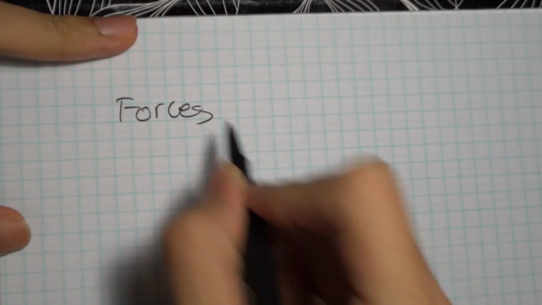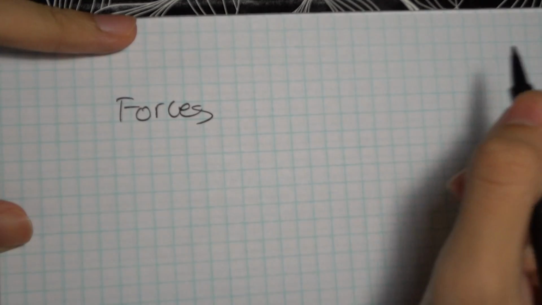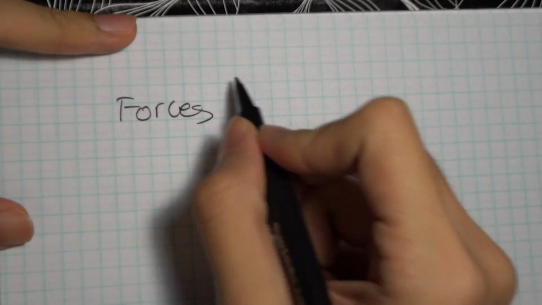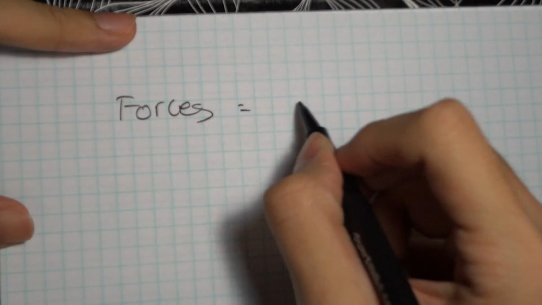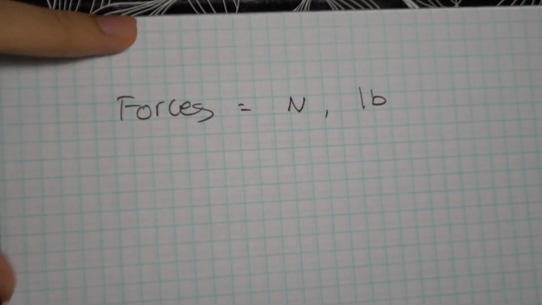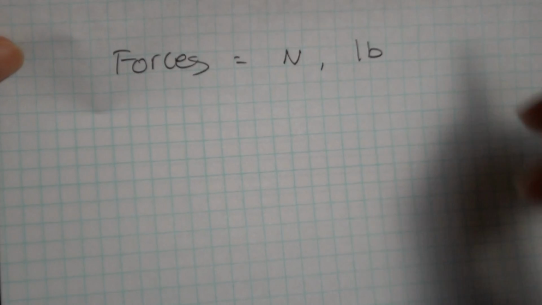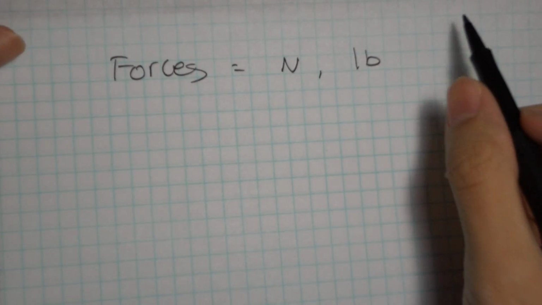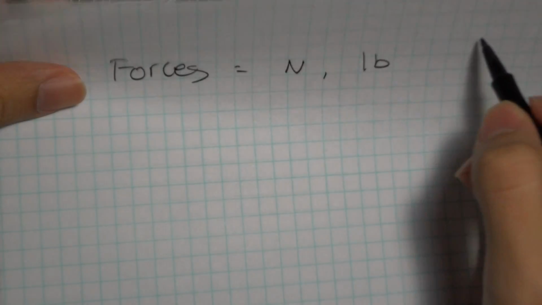Actually, before we even go into this, let's cover some basic things really quick. What are forces? What are examples of forces? Forces have units of force. This is Newton, pound. You'll notice that pound we often think of as a unit of weight, but weight is just a force, right?